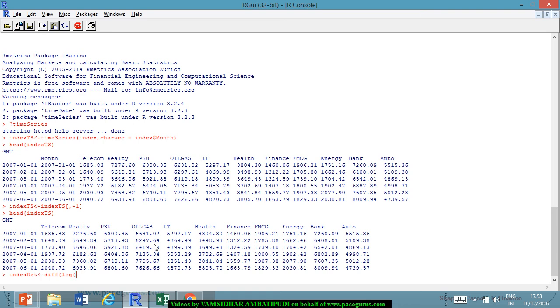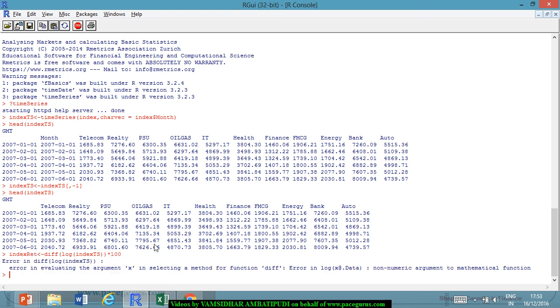I'll take the continuous return. So I'm taking the difference of the logarithms of index ts, because I'm interested in the continuous, and if required I will multiply it by 100. So this is what I'm calling as index returns. Now there is a problem, because it is coming out as diff.